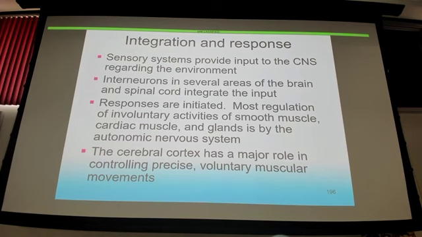So if you didn't catch the last part of that slide, you're saying that there's sensory always coming in. There's autonomic sensory, there's somatic sensory, and there's interneurons and nuclei that are receiving that and making decisions. So if you're in the brain stem, like the breathing and heart rate, you're not aware of that.